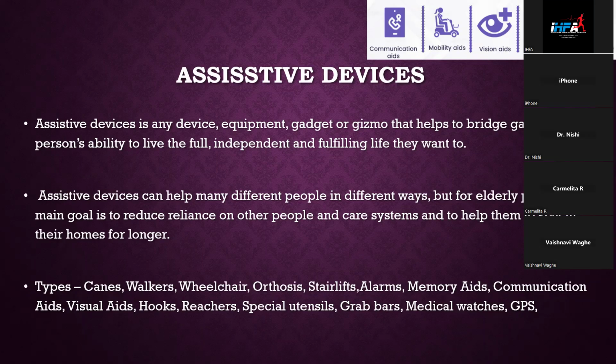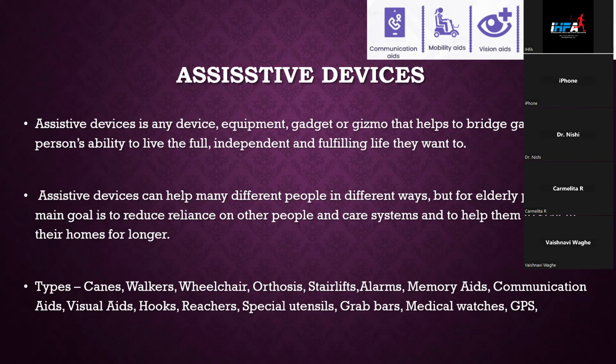Second, mobility aids. Now, what are mobility aids? Canes, walkers, wheelchairs. Nowadays there are wheel walkers also available in the market. Then there are vision aids, which I've already spoken about. Hearing aids, very important. If any of the senses are affected, the person's gait will obviously be affected.